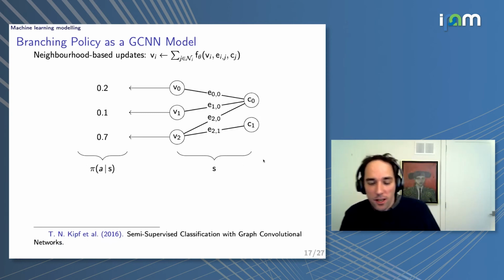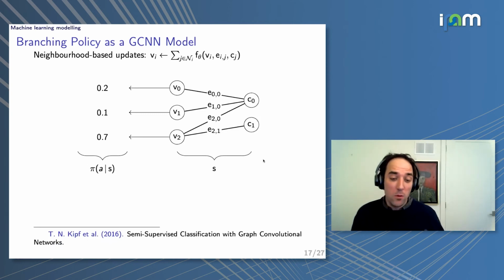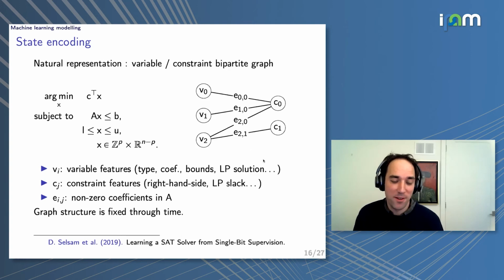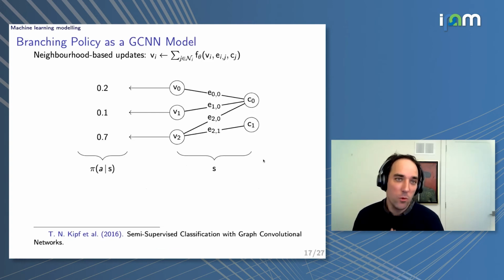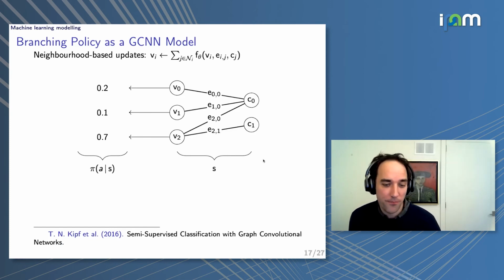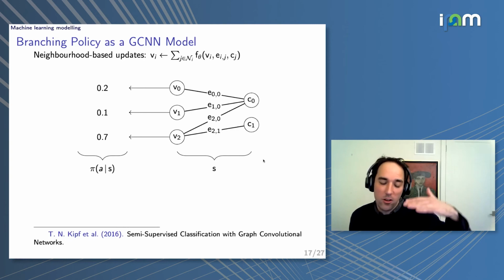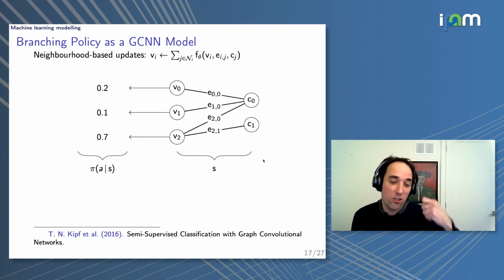Then there's this question of, okay, how can you model this graph with a neural network? Well, I introduce this idea here of using graph convolutional neural networks. You may recall Vinod also using that. The basic idea is that we take this graph, which represents our MILP, as input. We process it through this GCNN, and then the GCNN predicts which action to take.